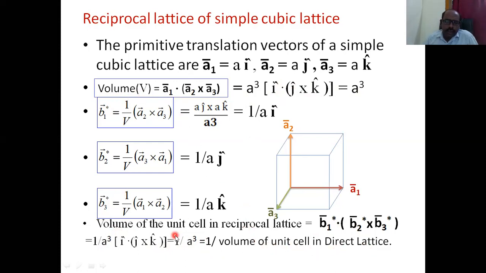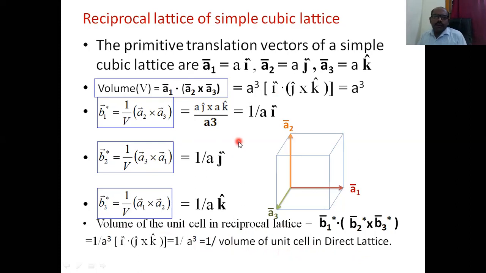So the conclusion is that the volume of the unit cell in reciprocal lattice is equal to 1 by the volume of the unit cell in direct lattice, or the reciprocal of the volume of the unit cell in direct lattice. Okay, it is the conclusion. Now this is totally about the reciprocal lattice of simple cubic lattice.